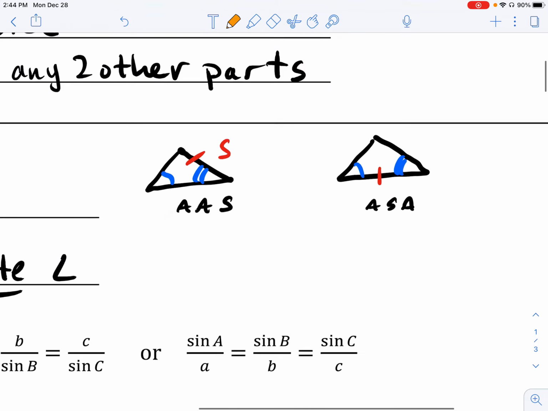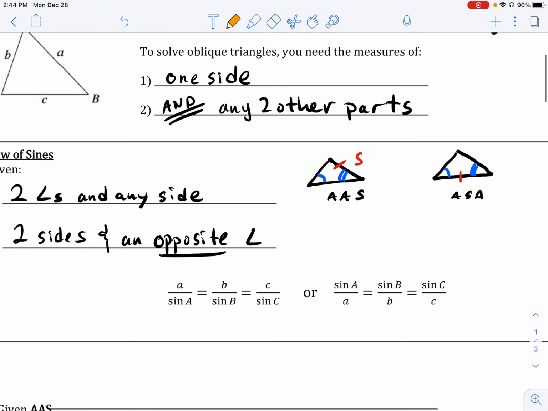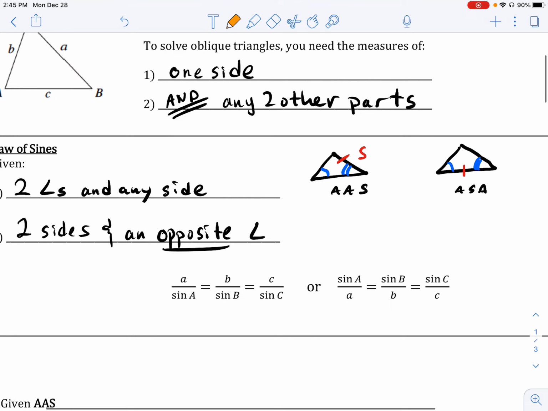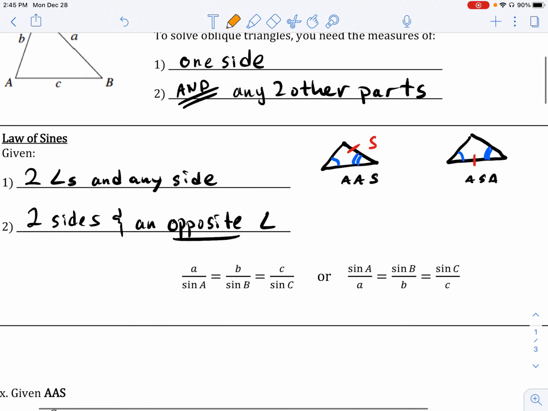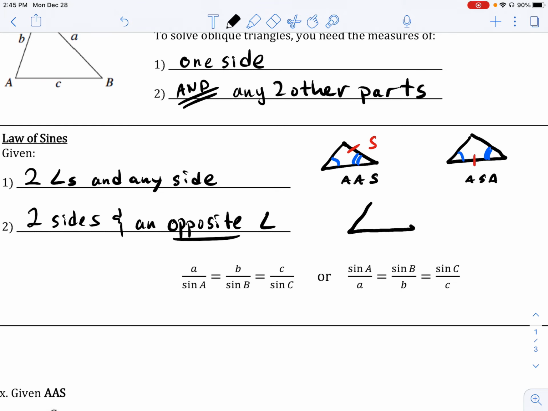So if we're given either an angle angle side case or an angle side angle case, these are both examples of being given two angles and any side. The other case where we might use the law of sines is when we're using what's called an SSA case. Let me draw that out. An SSA case is when we're given two sides. So for example, I'm just going to arbitrarily choose these two sides.